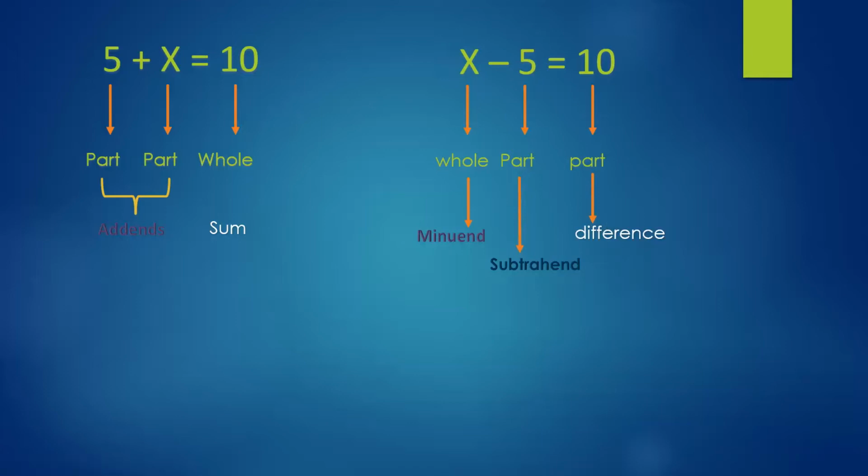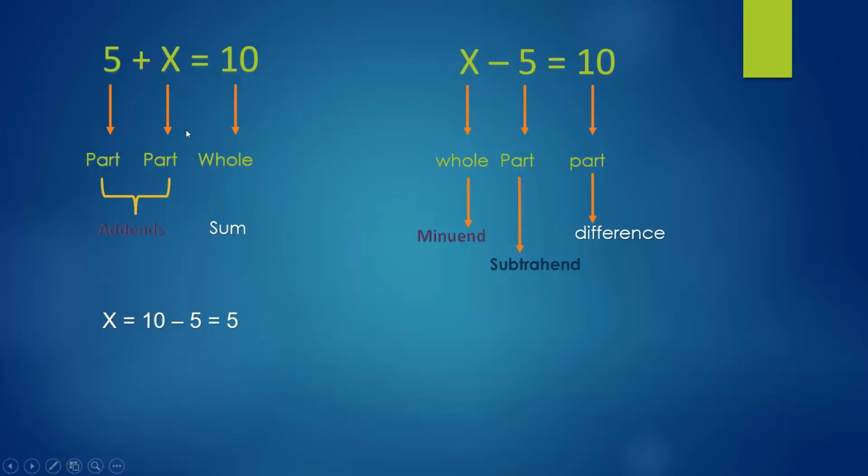The answer in subtraction we call the difference. So again, the first number in subtraction is the minuend, the second number is the subtrahend, and the answer is the difference.